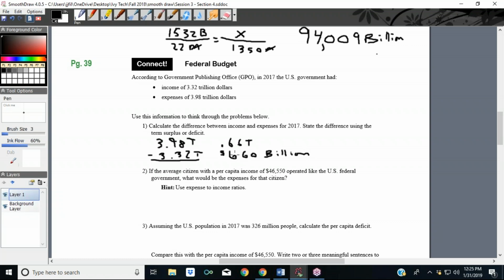And since the expenses are higher than the income, or if you subtracted them the other way, you would have got a negative answer, it is a deficit, as you noted.